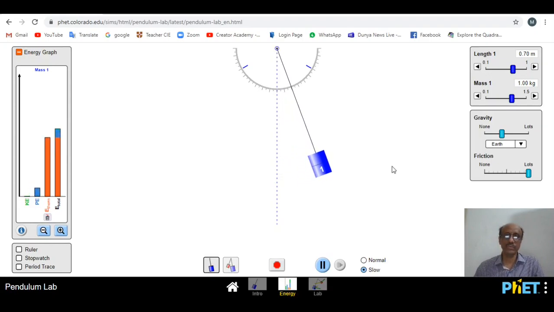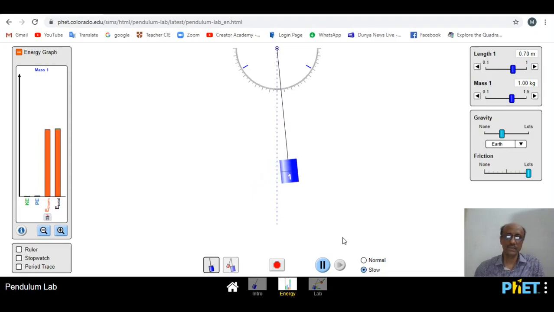The other thing we will observe is that it will slow down and halt very quickly because there is a lot of friction. It will stop in a shorter time compared to when there was no air friction, and then it will come to rest.